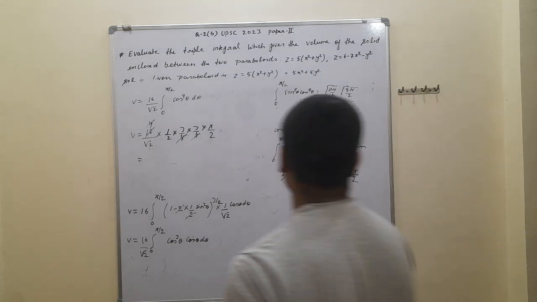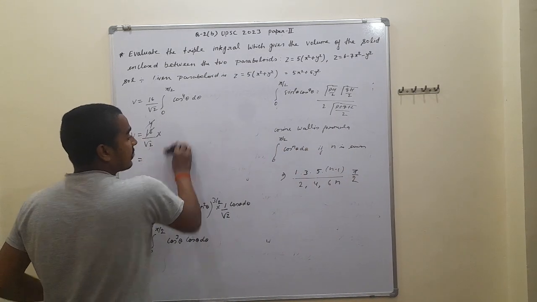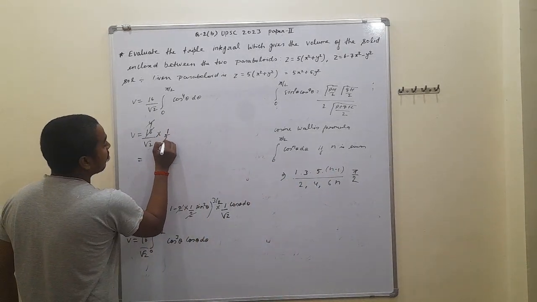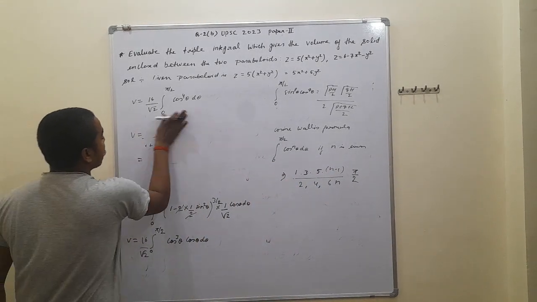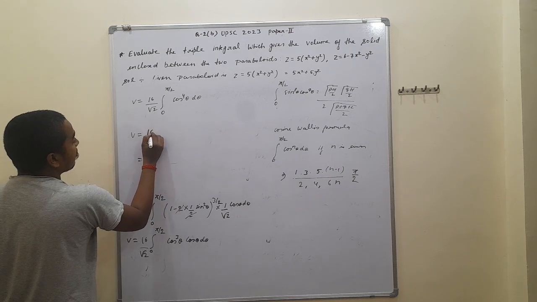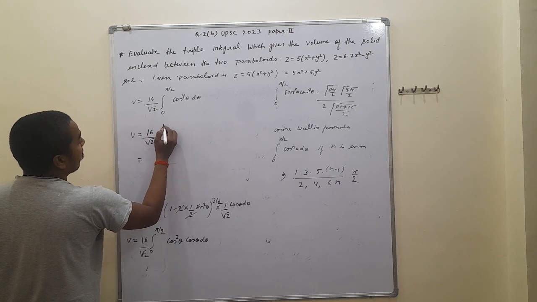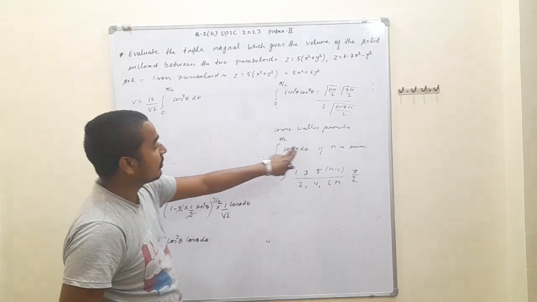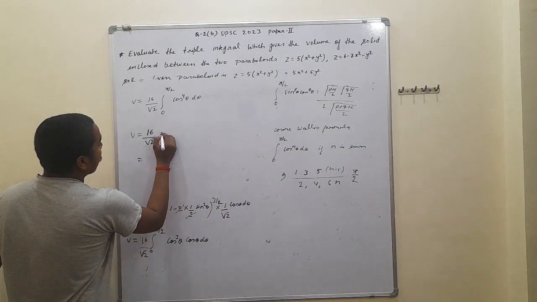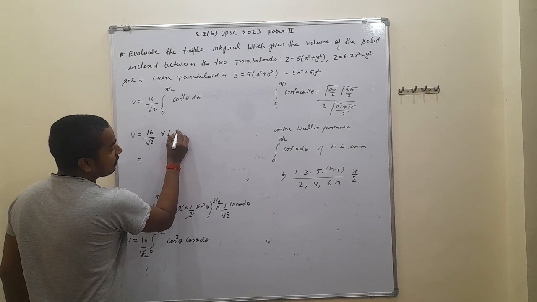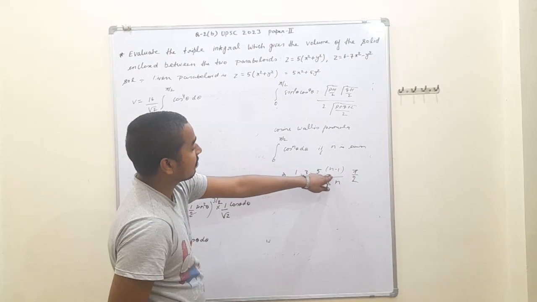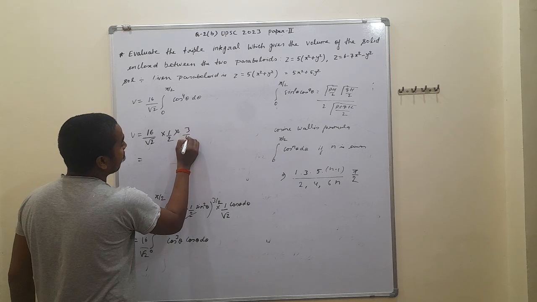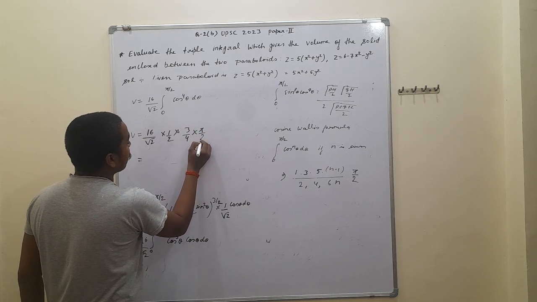We take only the first and last term, that is 1 by 2. Again, 16 upon root 2, and using the cosine Wallis formula, 1 by 2 into, putting n as 4, 3 by 4 into pi by 2.